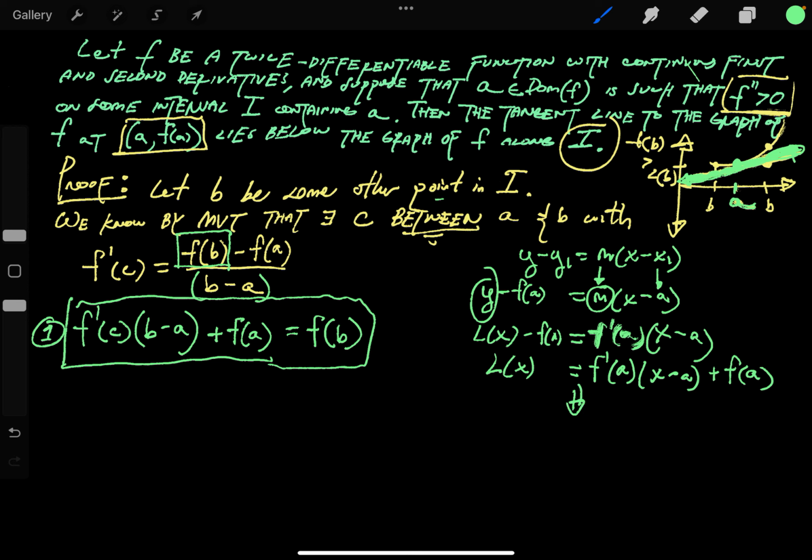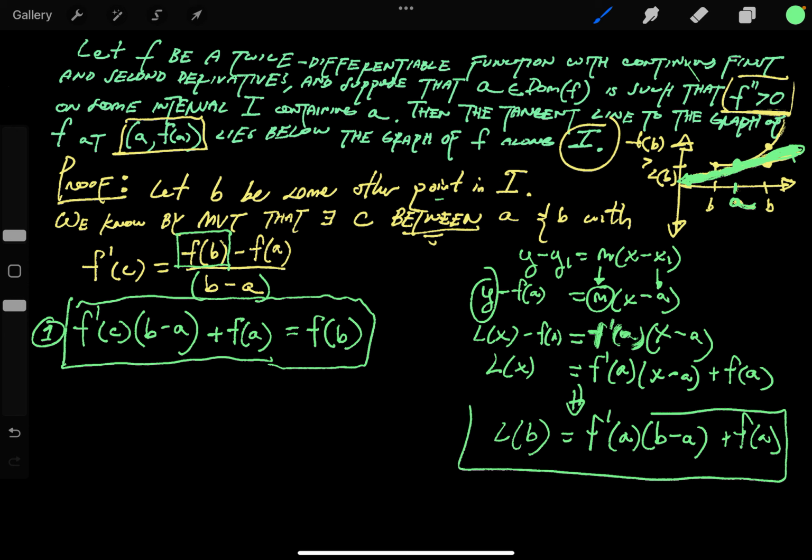And we could see that there's some similarity here, especially when I want to find out what that tangent line is at any b. So when I plug in b for x, I'm going to get b minus a plus this. And now I have two nice equations that I can compare with one another. This is the value of the tangent line at b, and here I have f of b, the value of the function at b.